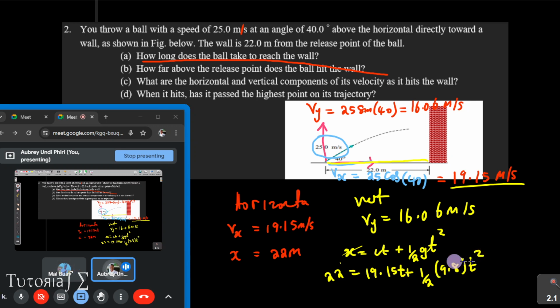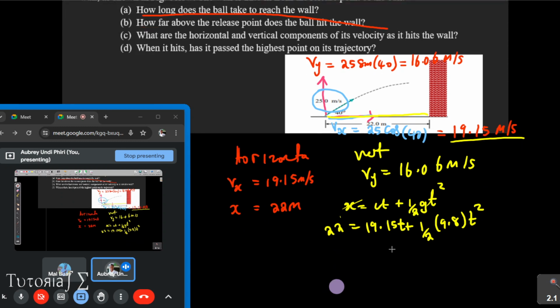So this will actually be a quadratic equation, as you can see. So 22 is equal to 19.15 t plus, we can simplify this, 4.9 t squared. So you have to solve this quadratic equation very fast.